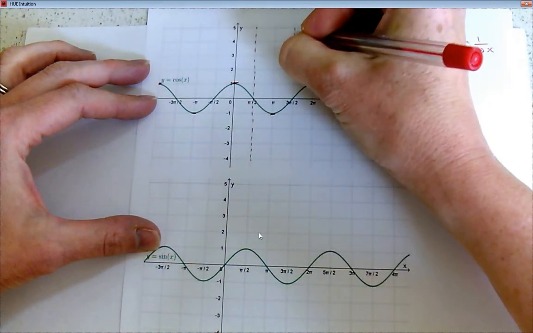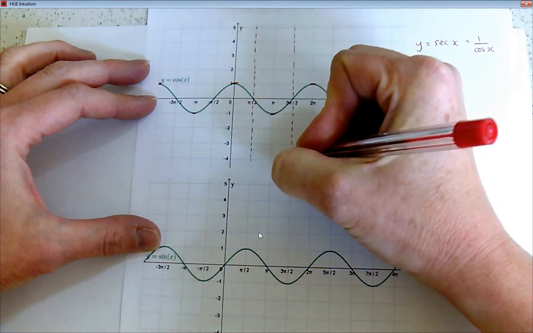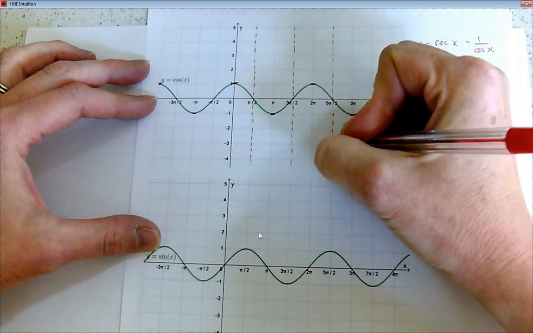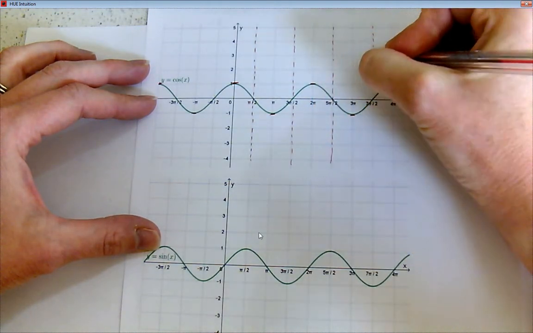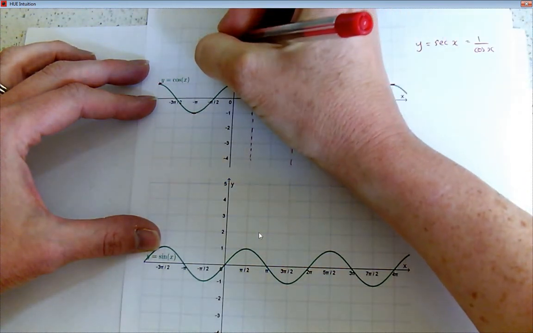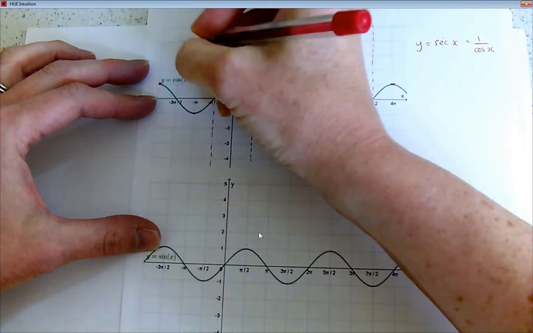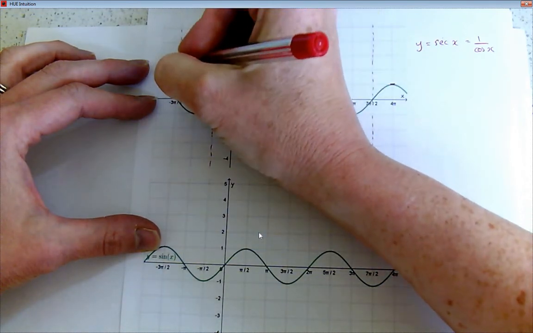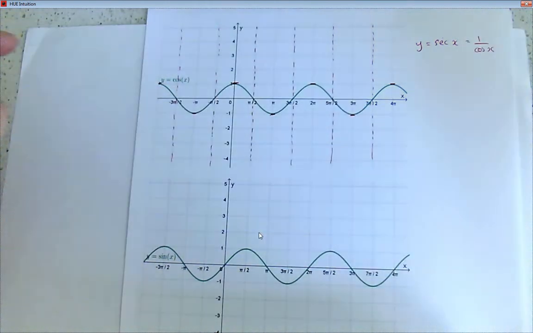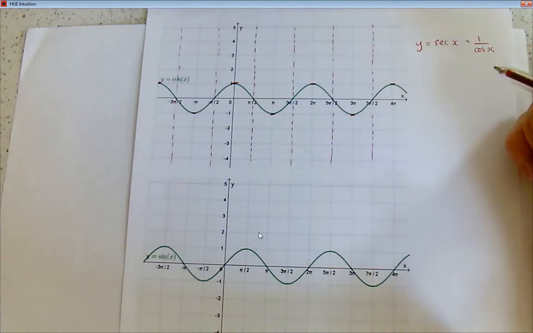So I'm going to sketch in the asymptotes wherever cos is 0. Just pop those in.